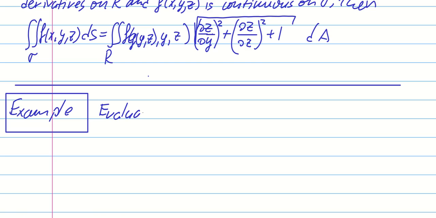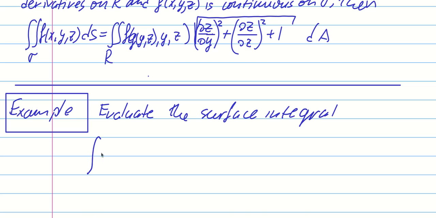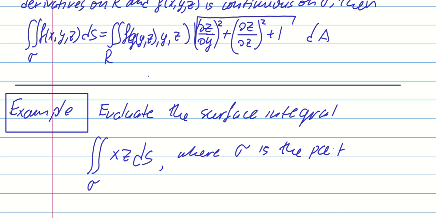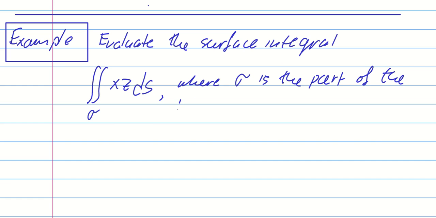Evaluate the surface integral of xz dS over sigma, where sigma is the part of the plane x plus y plus z equals 1 that lies in the first octant.